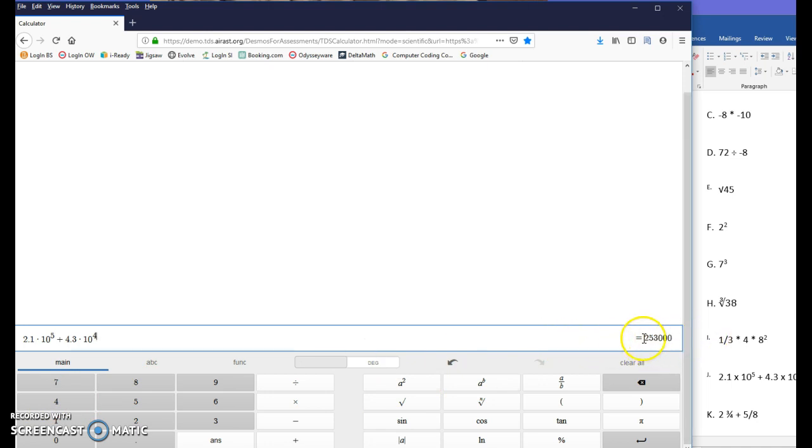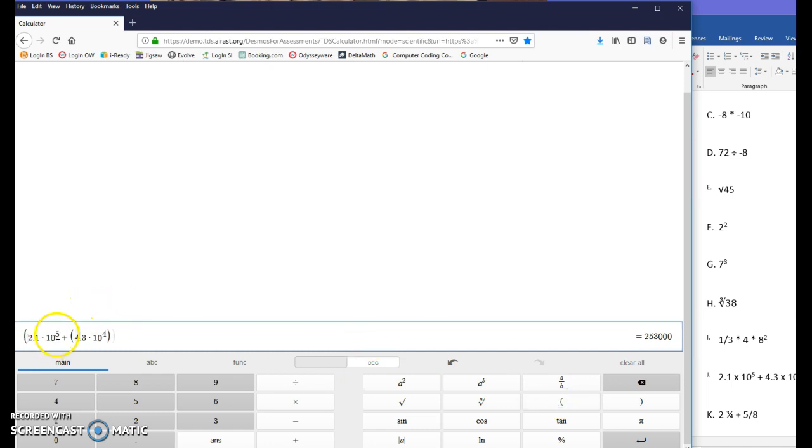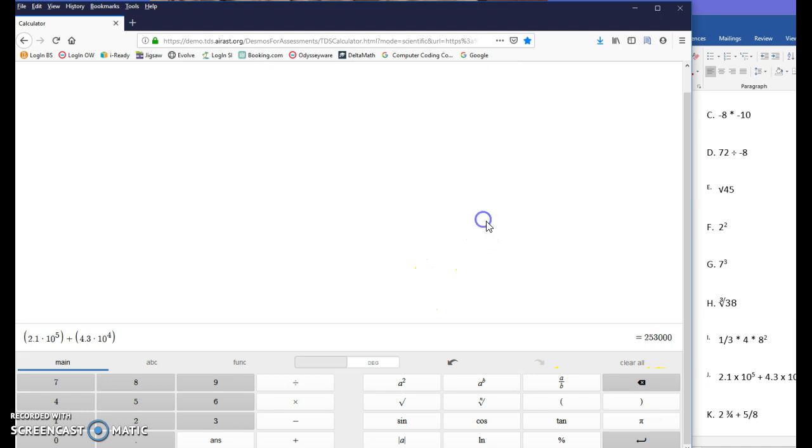And it tells me that's going to be 253,000. Sometimes I will put parentheses in to show that I want to do this first, and I want to do this first, and then I want to add them. Parentheses can be helpful with this calculator.